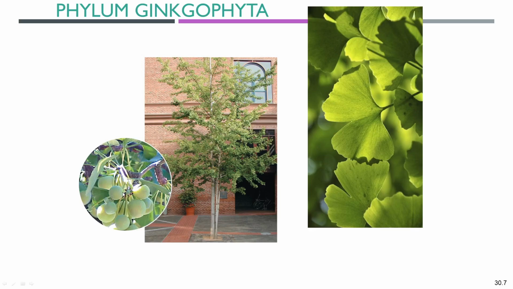I know that this is a female tree because what has been produced are these fleshy seed coat seeds, not to be mixed up as a fruit. Fruits, guys, only come when you have flowers. And do you have flowers in this group? No, you do not. Okay.